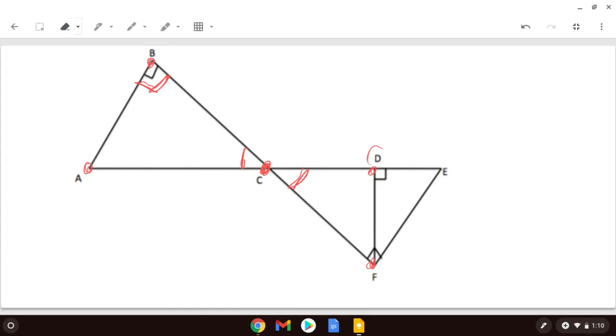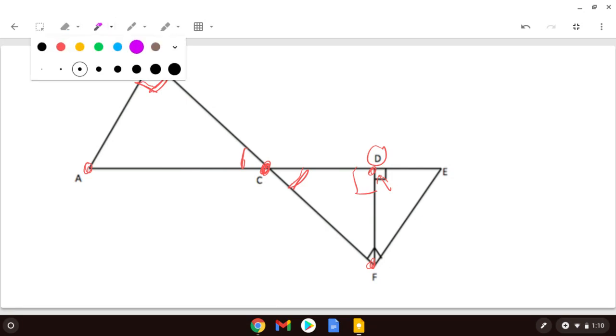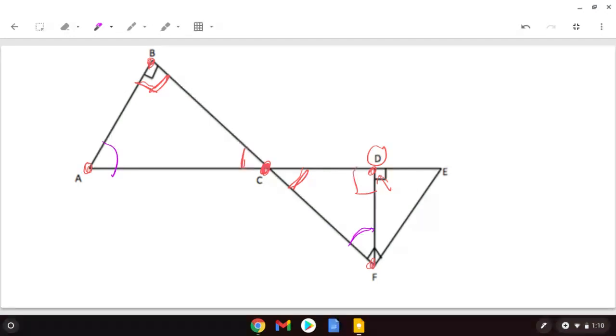And if you look over here on D, if this one's a right angle, then so is this one. Because you have two pairs of congruent angles, that must mean that angle A and angle F are congruent as well. So because you have angle, angle, angle, we know that those are similar to each other.